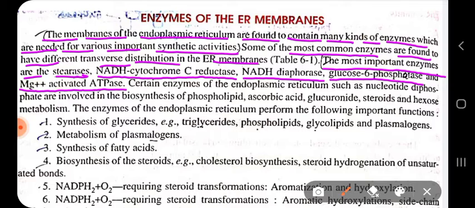The most important enzymes which are found on the endoplasmic reticulum membrane are esterase, NADH cytochrome C reductase, NADH diaphorase, then glucose 6 phosphatase, and magnesium activated ATPase.